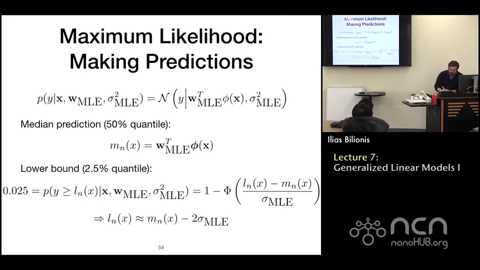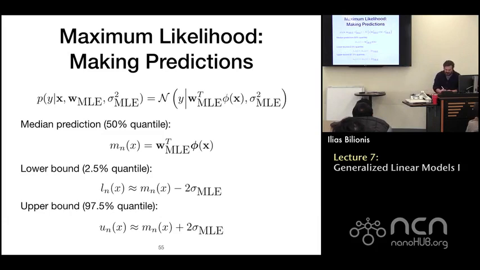But at the end of the day, that lower quantile is going to be the mean minus 2 times the standard deviation. It's approximately that. Okay? That 2 comes from the cumulative distribution of the Gaussian, if you're looking for the 2.5 quantile. You can do the same thing for an upper bound, and the upper bound is going to be plus 2 times the standard deviation.